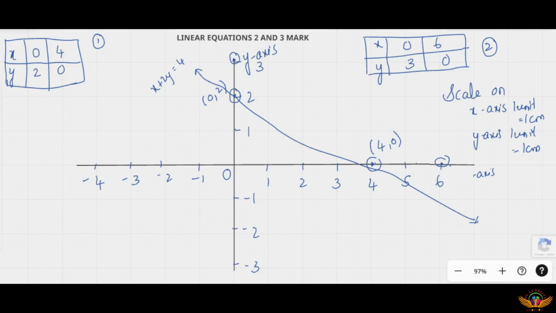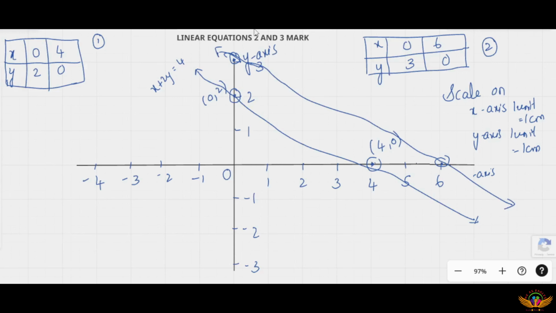Let me draw like this. Okay, fine, something I am able to do. So this is another line.